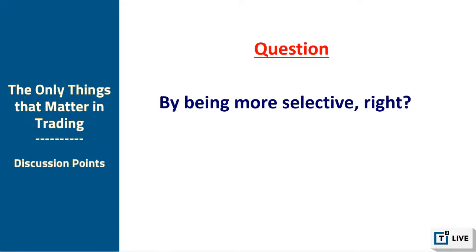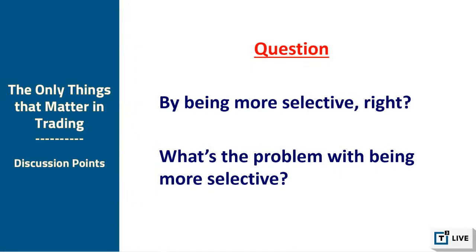But that's not the only way to do it. The problem with being more selective is that if you're more selective, then you're going to reduce the amount of trades that you take during the day. And the amount of trades that we take during the day is one of the 4 factors that impact the bottom line.